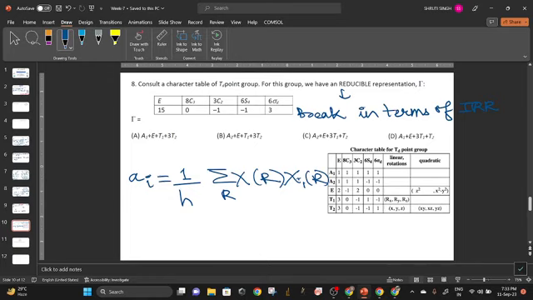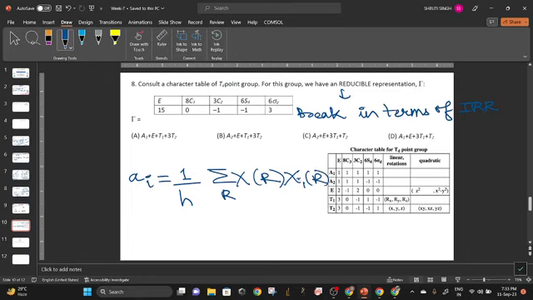So let's start with the first one. Ai is the contribution of the ith irreducible representation in the given reducible representation.